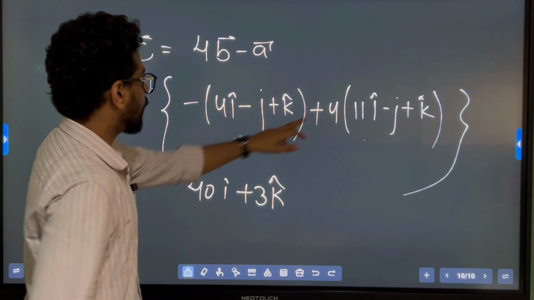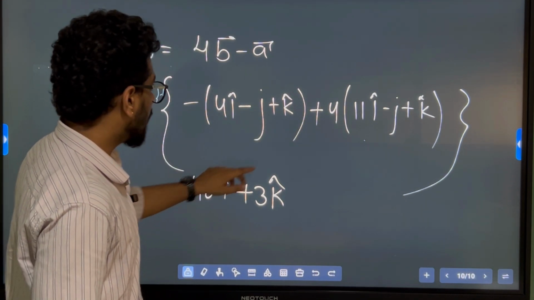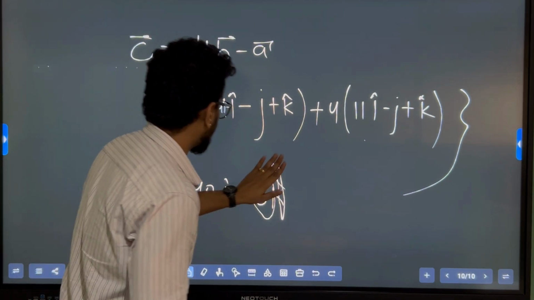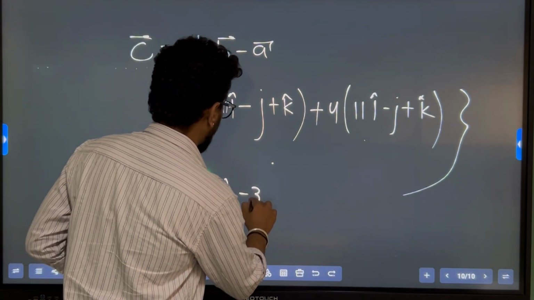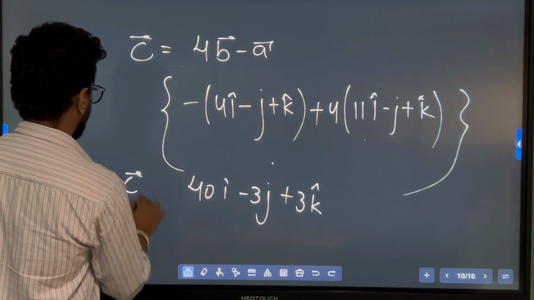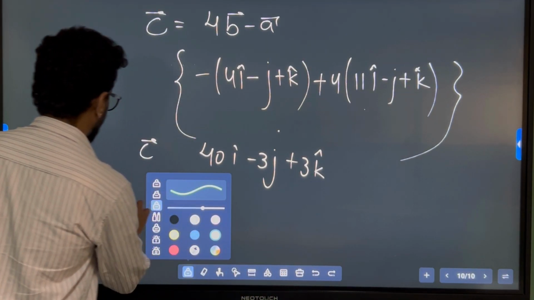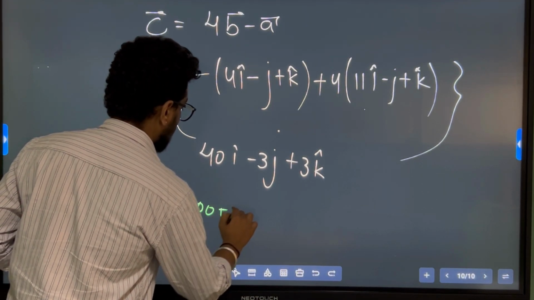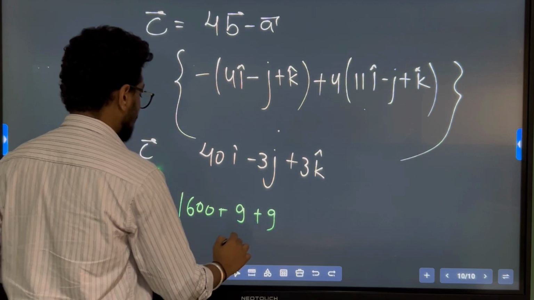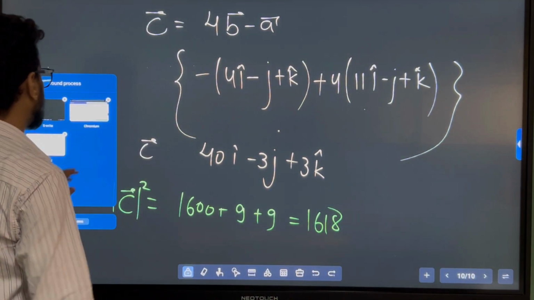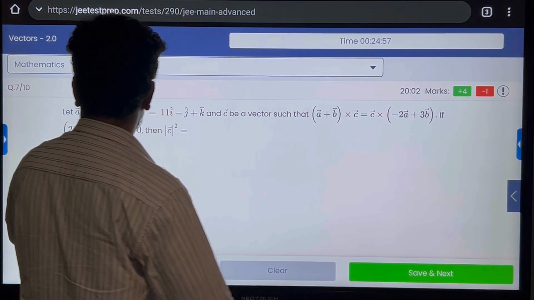Then minus 4j plus j is minus 3j, plus 3k, and this is C vector. Now the magnitude of C whole square is 40 square, 1600, plus 3 square is 9, plus 3 square is 9. Answer is 1618 guys. I know this has taken a lot of time, but that's how the question has to be solved.